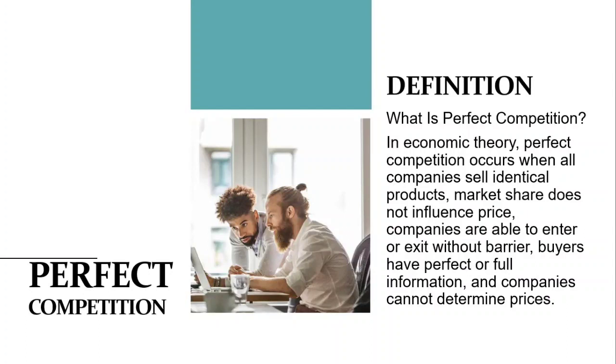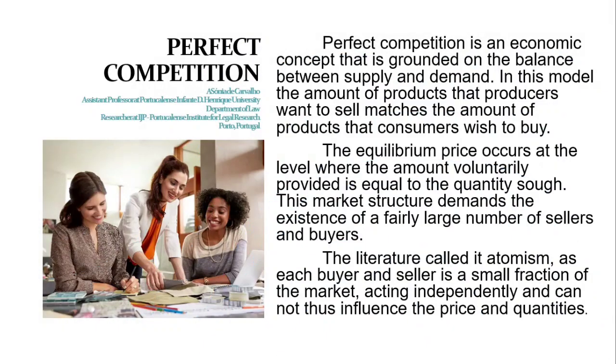Aside from that, perfect competition is an economic concept grounded on the balance between supply and demand. In this model, the amount of product that producers want to sell matches the amount of products that consumers wish to buy.